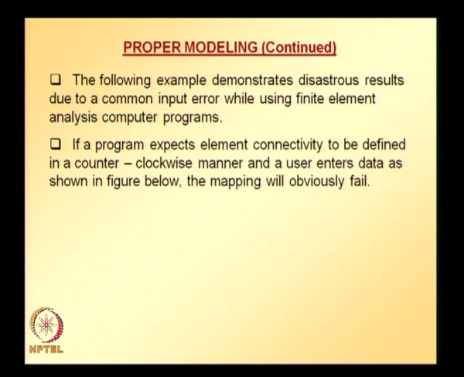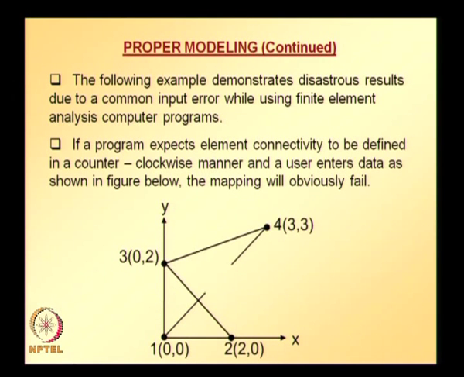And if a program expects element connectivity to be defined in a counterclockwise manner and the user enters data as shown in the figure below, mapping will obviously fail. So, the computer program is expecting the node numbering to be given in a particular direction, that is here counterclockwise manner, but the user input data is not according to that requirement. So, then mapping is going to fail.